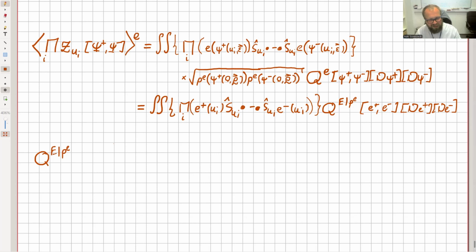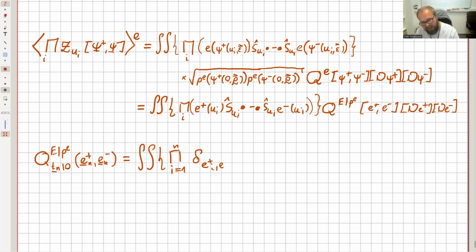Discrete restrictions. So discrete restriction means that I'm taking the values E plus I, Ti.